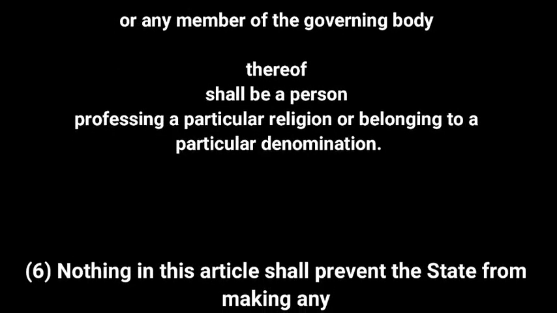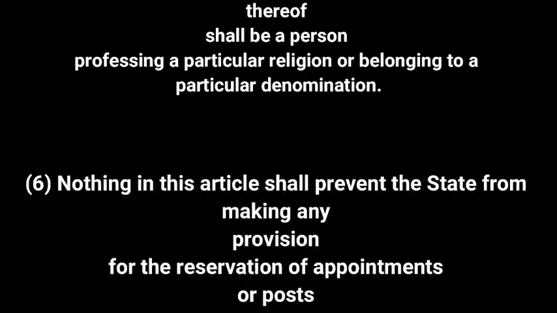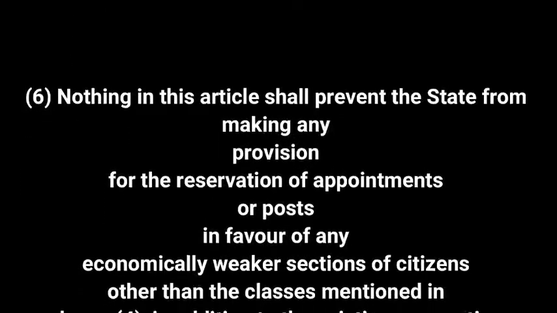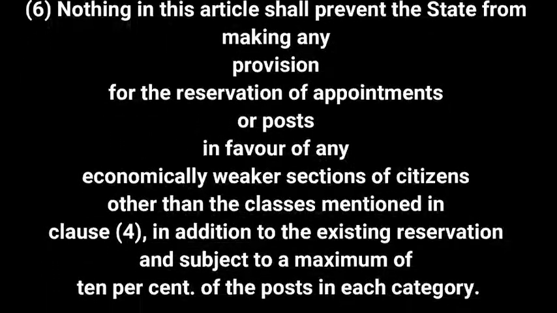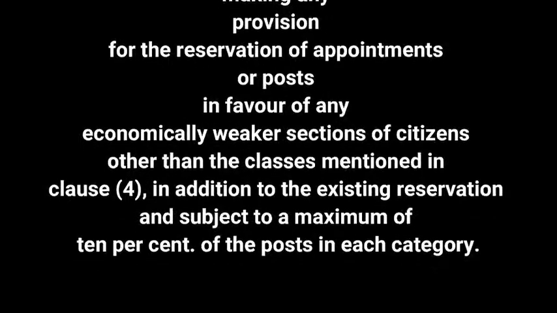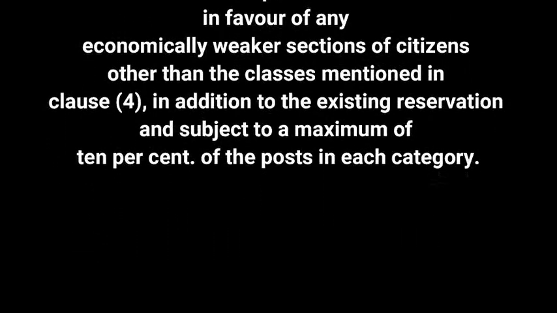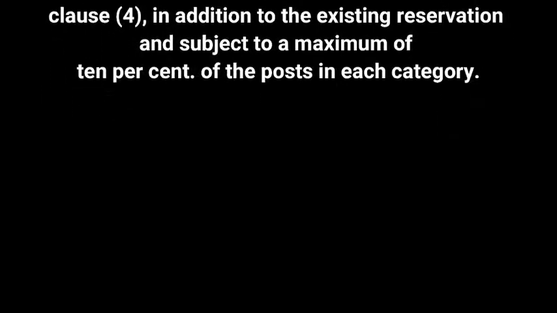Nothing in this article shall prevent the state from making any provision for the reservation of appointments or posts in favor of any economically weaker sections of citizens, other than the classes mentioned in Clause 4, in addition to the existing reservation, and subject to a maximum of 10% of the posts in each category.